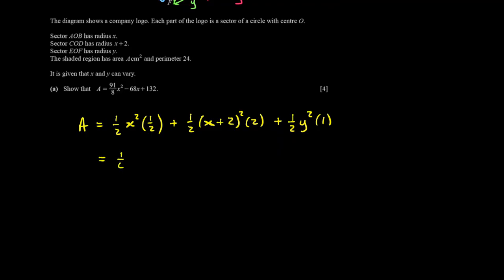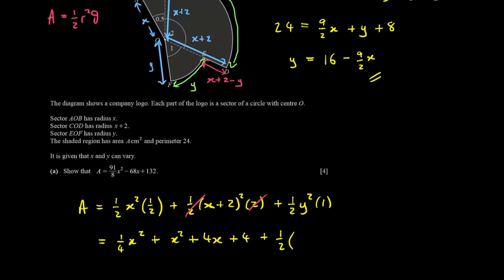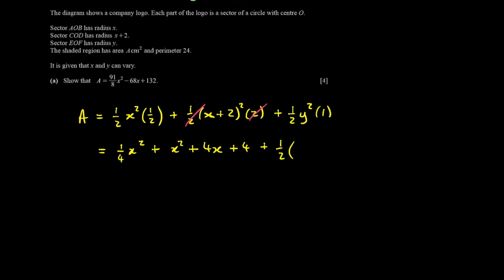So that's going to be a quarter x squared plus, well, the half and the 2 cancel, don't they? So we're just left with (x plus 2) all squared, which is x squared plus 4x plus 4, plus a half of y squared. Now, we learned in the earlier part that y is 16 minus 9 upon 2x.